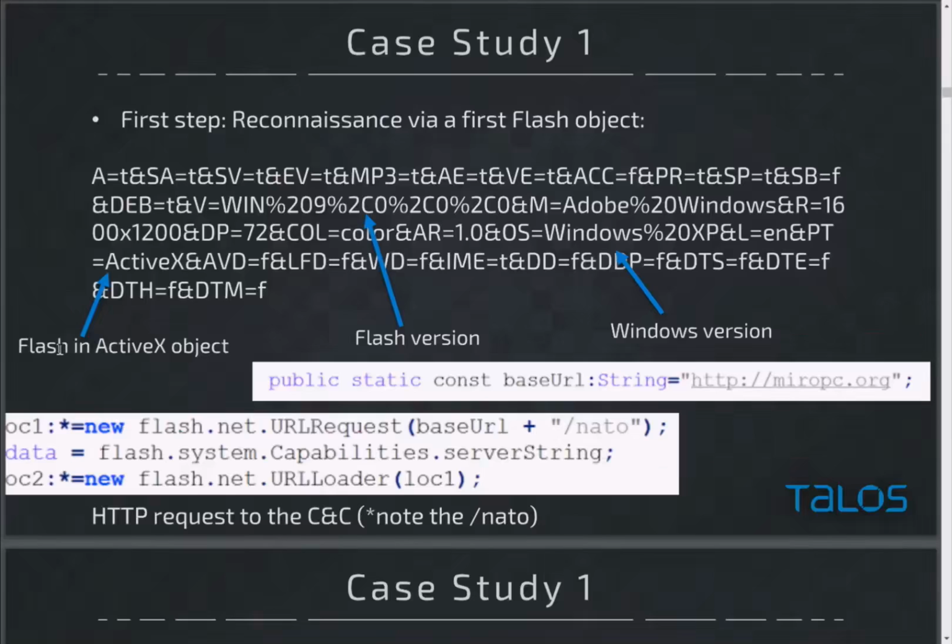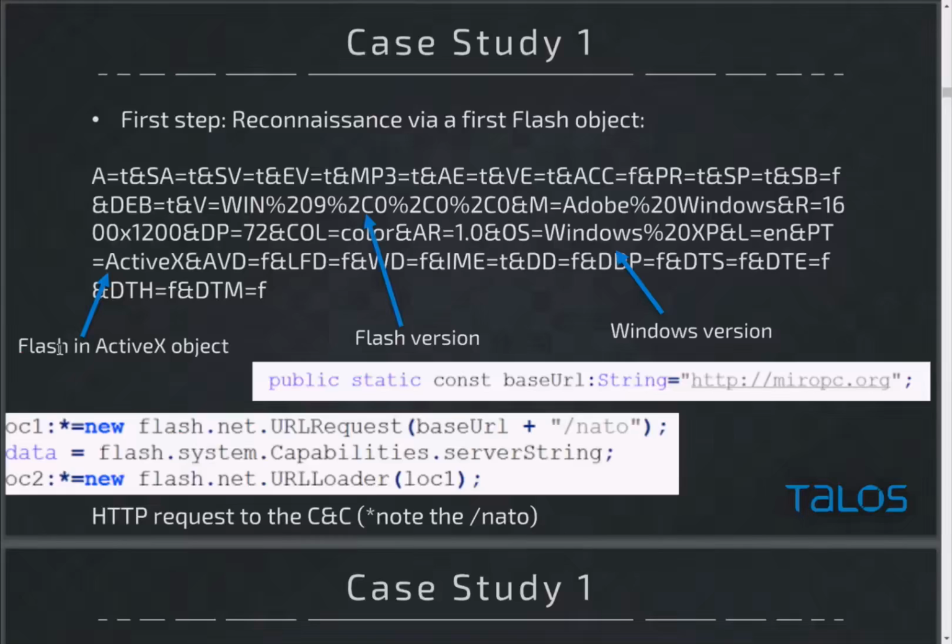If you use the Flash object alone, this value won't be ActiveX, like on the screenshot, but standalone or something like that. So this query is sent to the CC, and the attacker is able to check the value and be sure that the Flash object is executed inside of a Word document and not directly as a Flash document.